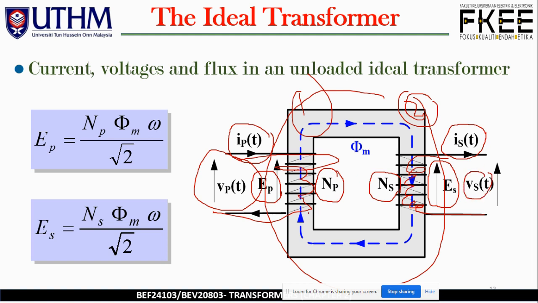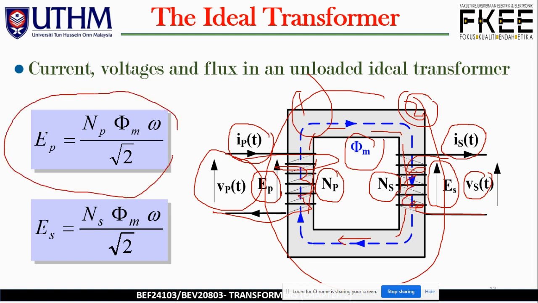The blue dotted line over here represents the flux, the mutual flux. So EP, the induced voltage at the primary, has this relation: NP multiplied by flux M times omega over square root 2. What is omega?